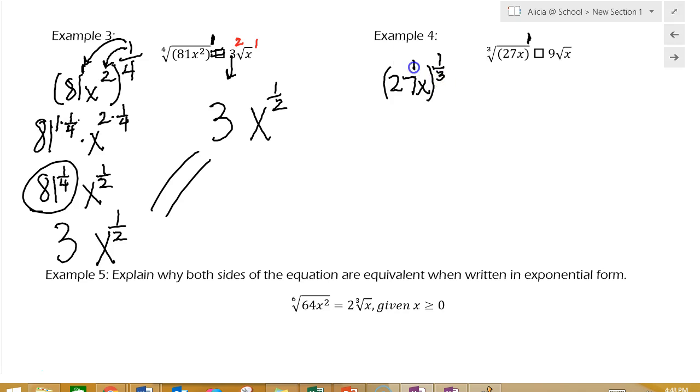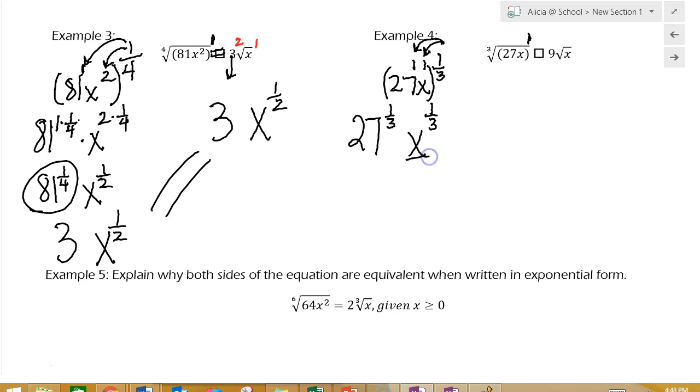Don't forget that each of these has its own exponent of a 1. So when I distribute this 1/3, I have to distribute it to each of the exponents. So 27, 1 times 1/3 is just 1/3. X, 1 times 1/3 is just 1/3.